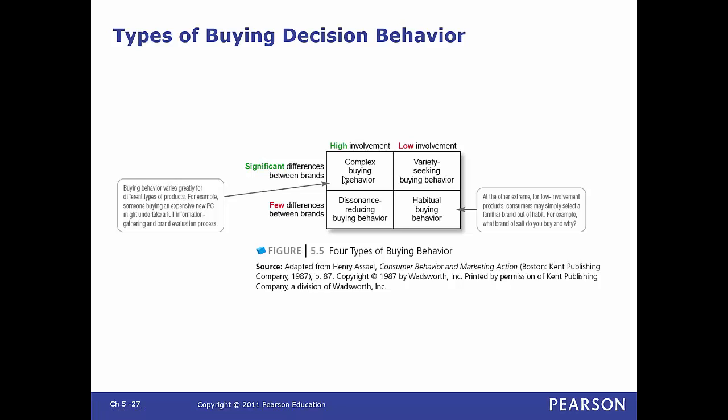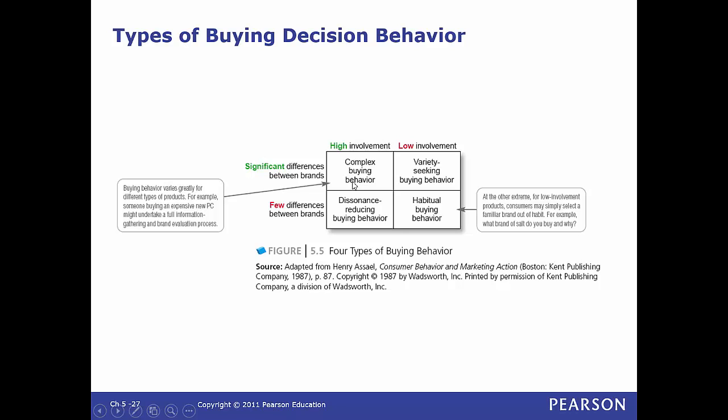Whereas if the consumer is highly involved in a product and there are only few differences between different brands, here the consumer will use what we call dissonance-reducing buying behavior.